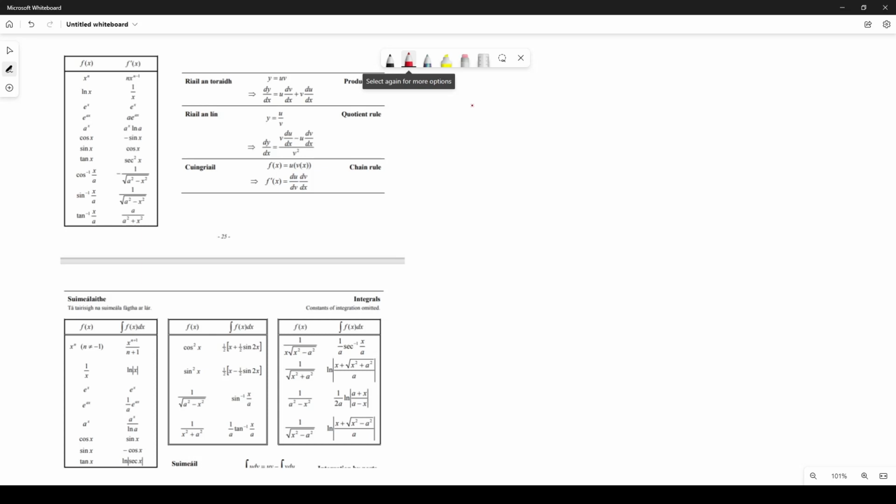So the main idea is that you're either going to start with a function like y equals 3x squared plus x minus 7, or it might be written like this, where they have f(x) equals. It's the exact same thing, but don't forget f(x) and y are just the same thing.